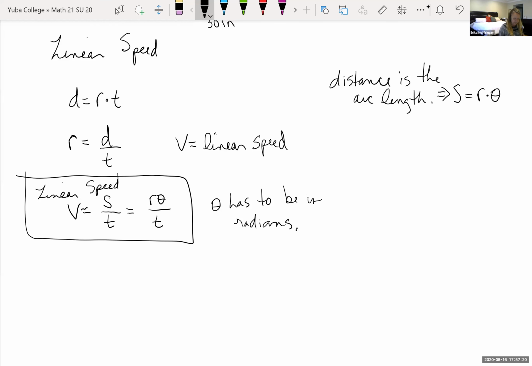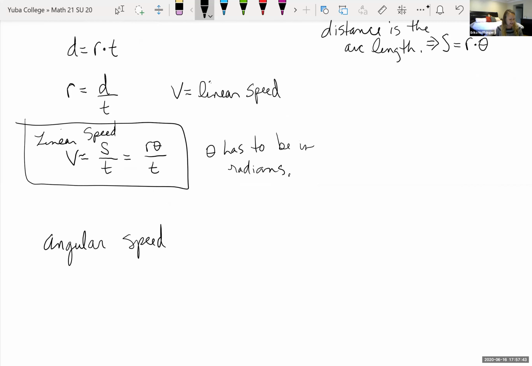Came up with some examples beforehand. Okay, so before I do that, let's look at angular speed. How fast is the angle moving?